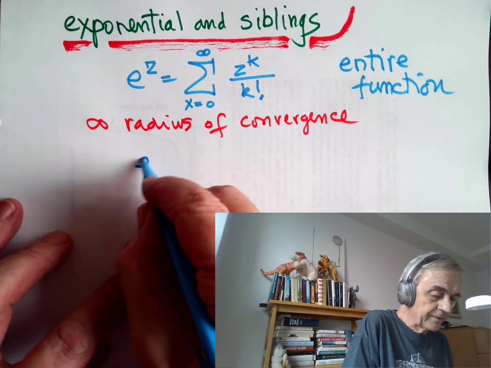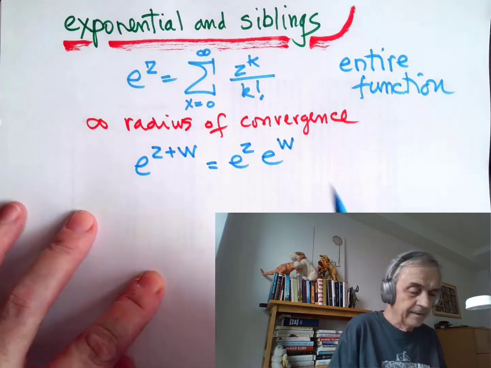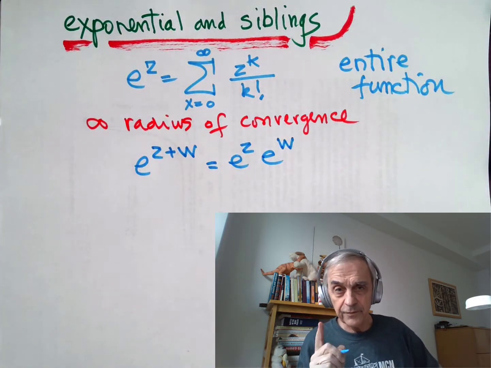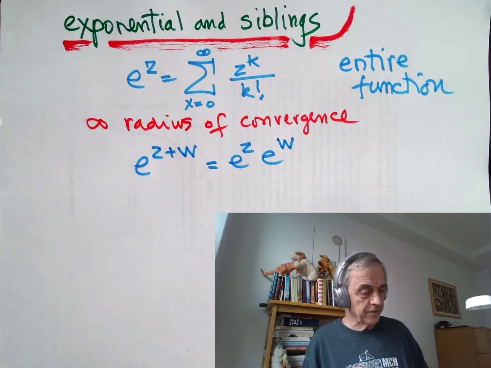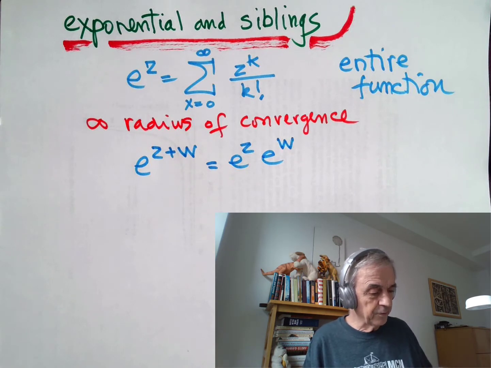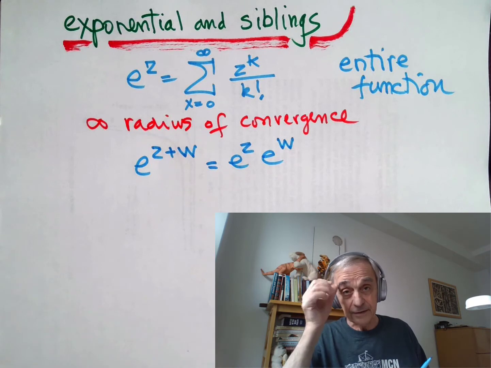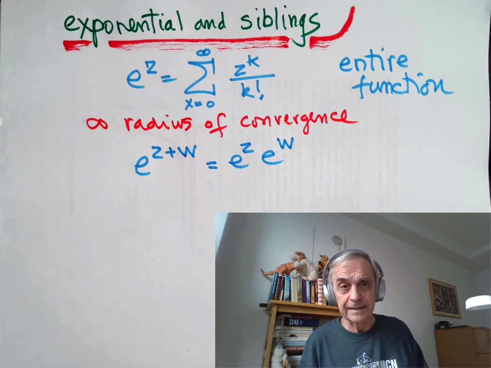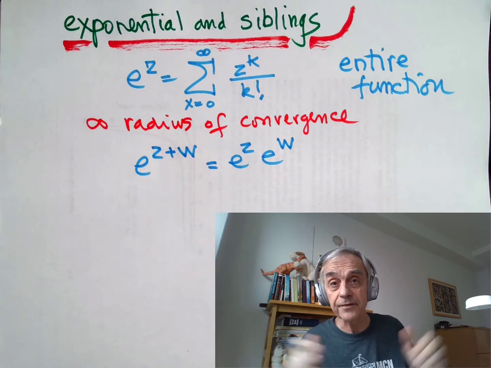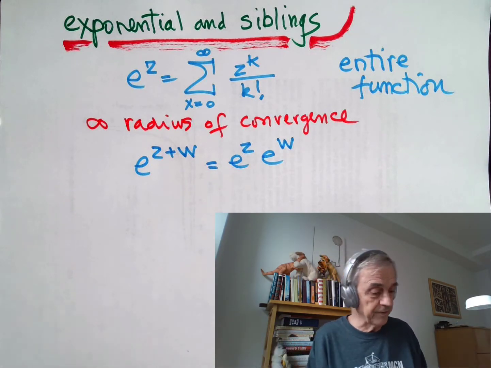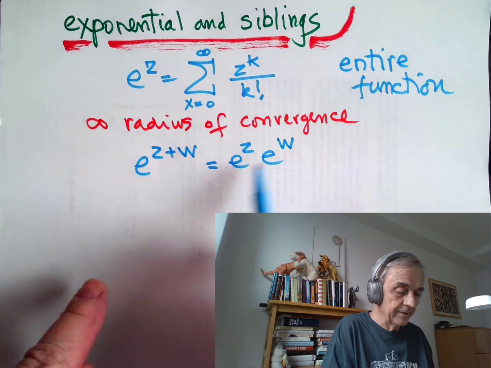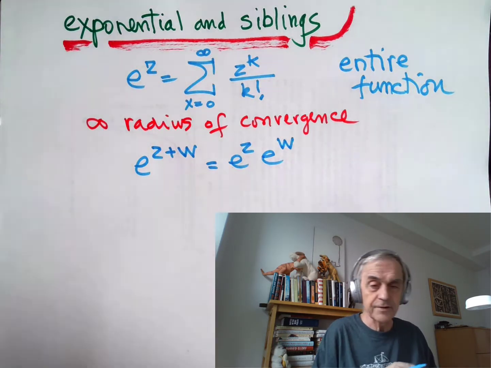Exponential obeys the addition formula, which is not obvious if you think of them as two-dimensional functions, but it has to do with the imaginary number really being a 2x2 matrix, and if there's only one such matrix, it commutes with itself, and that's why you can write this as a product of two functions.